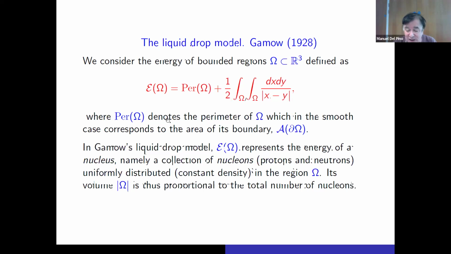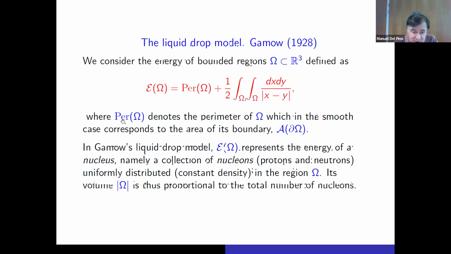This energy functional has two components. One is the perimeter of omega, which means in some weak form the area of the boundary of omega. Plus this quantity, which is a summation of Coulombian interactions between points in omega. So that's the meaning of this.